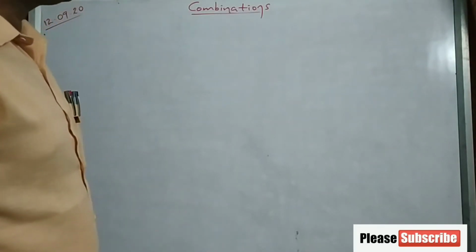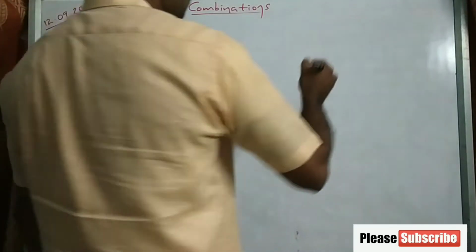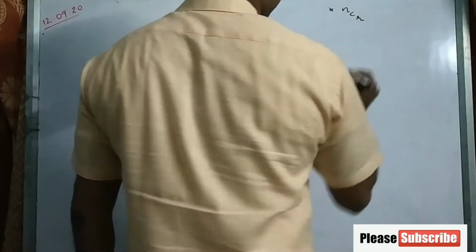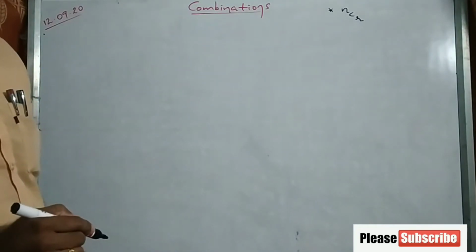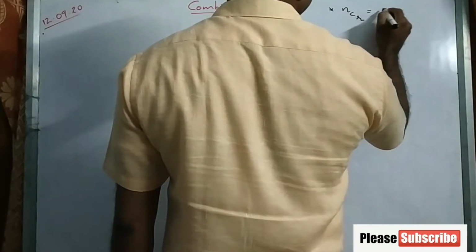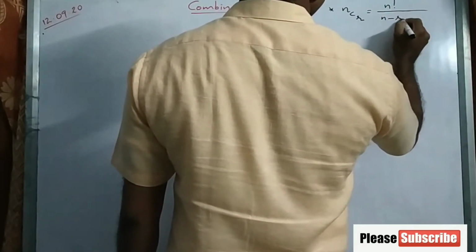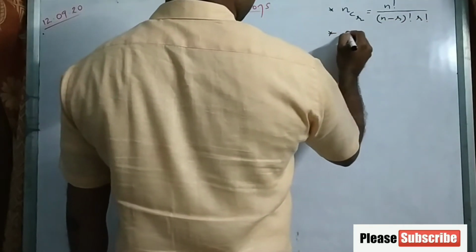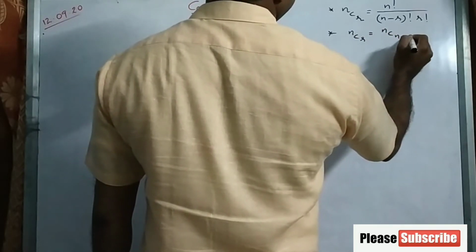In the previous class we started about combinations. Combination is nothing but nCr, the selection of r objects from n different objects, defined as nCr = n factorial by (n minus r) factorial into r factorial, and nCr equals nC(n minus r).